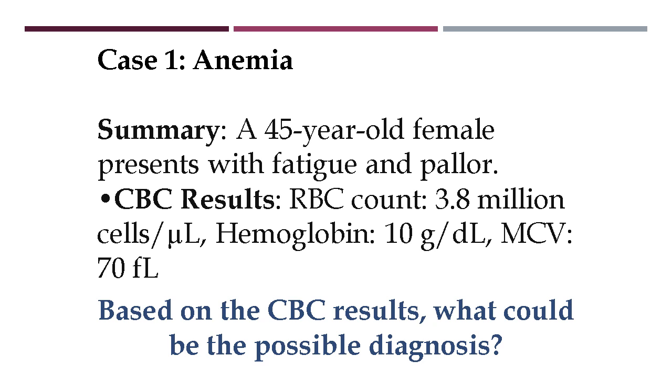Based on the CBC result, what could be the possible diagnosis? Investigate the underlying cause of anemia, such as iron deficiency, and initiate appropriate treatment. That might include iron supplements, dietary changes, or further tests to identify chronic disease.